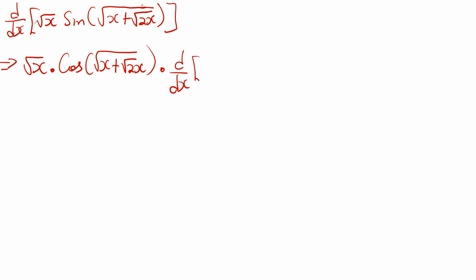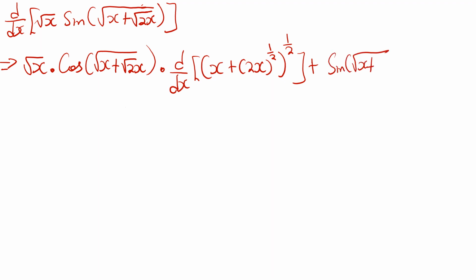We can write our angle in this fashion: x plus 2x to exponent 1 over 2. All this whole thing is on the same square root, so it's all in the exponent 1 over 2. Then plus, now we are going to keep the second function the way it is, and then we differentiate the first function, which is square root of x.